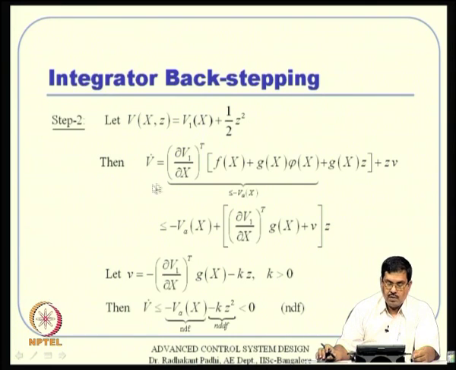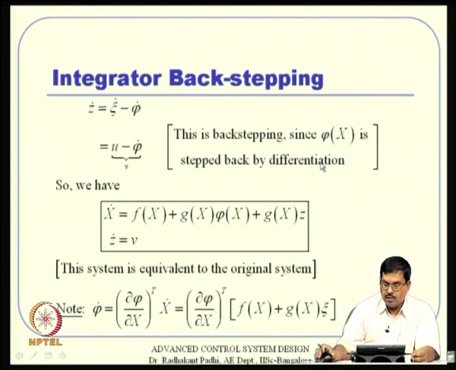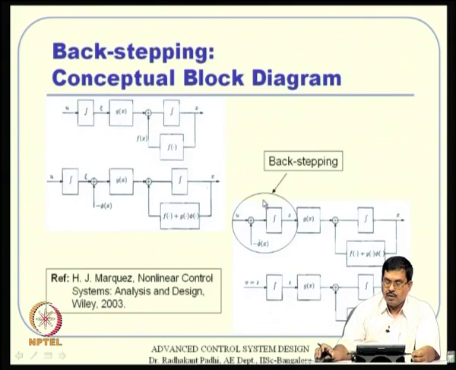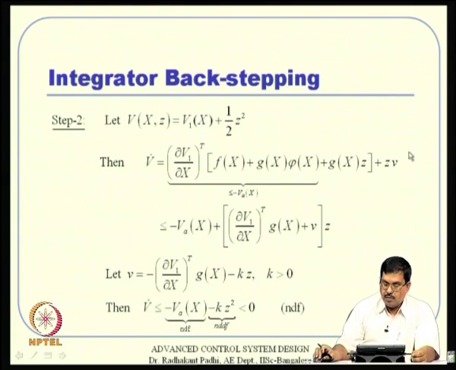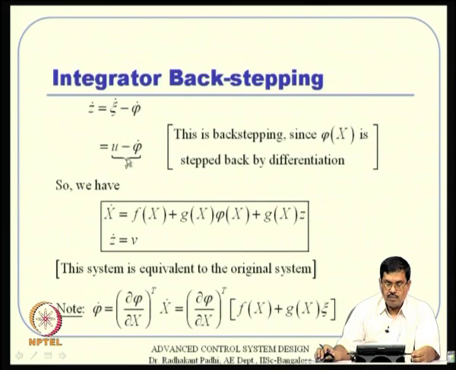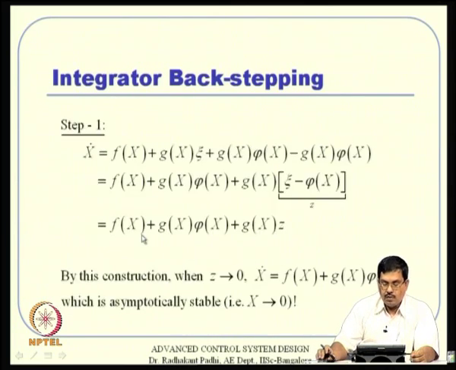Then V dot is del V1 by del x times x dot, and x dot is what we derived. So we put the entire expression back, plus this term will give us z times z dot, and z dot is nothing but v. That is what we will put here.